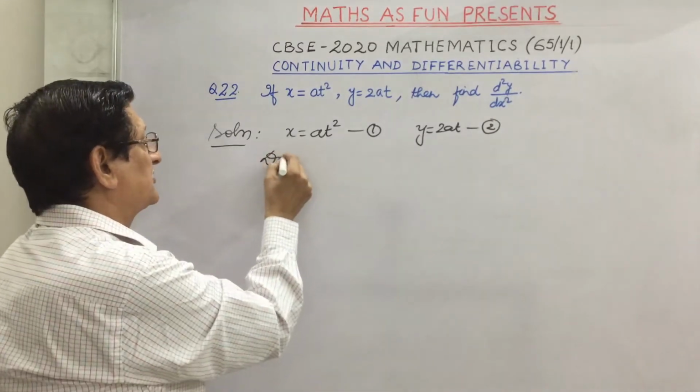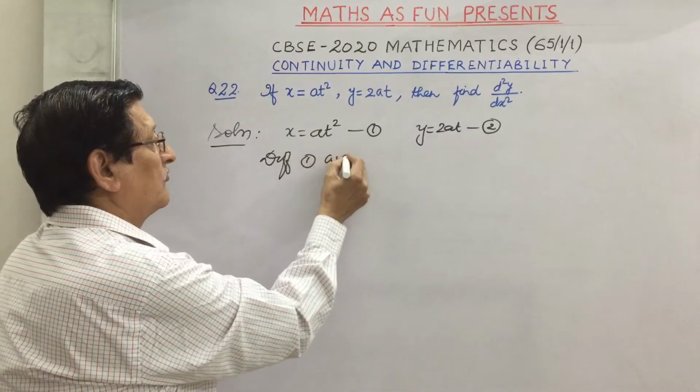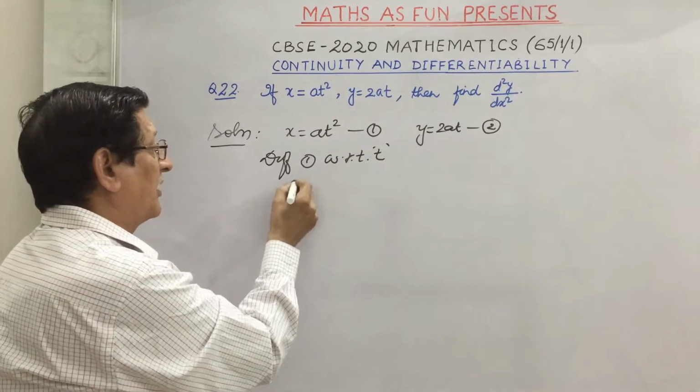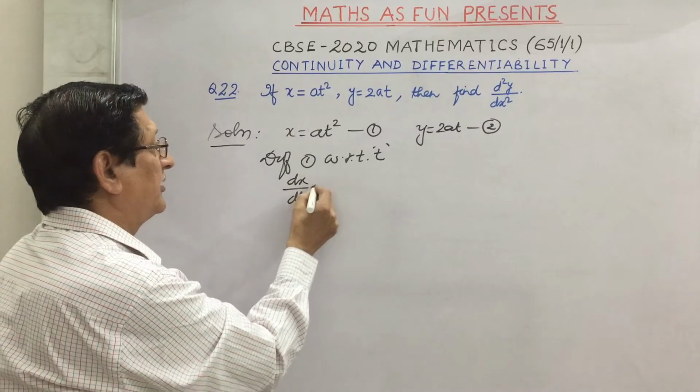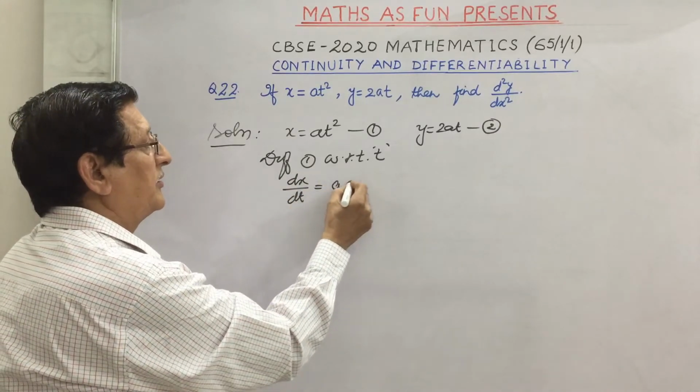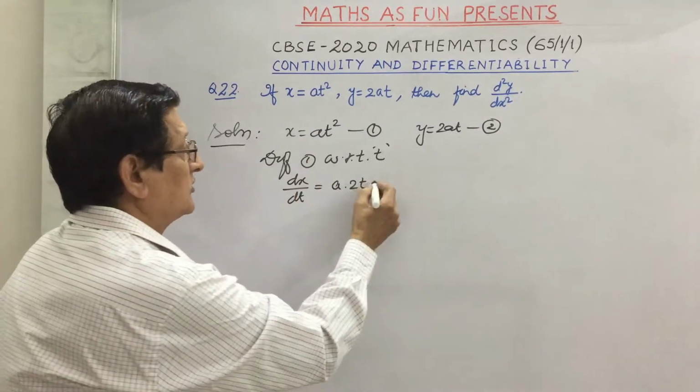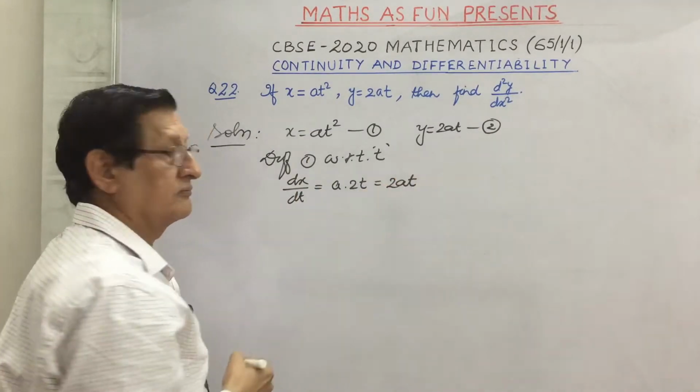So we write, differentiating 1 with respect to t, we will have dx upon dt is equal to a into 2t. We know differentiation of t square is 2t. So this comes as 2at.